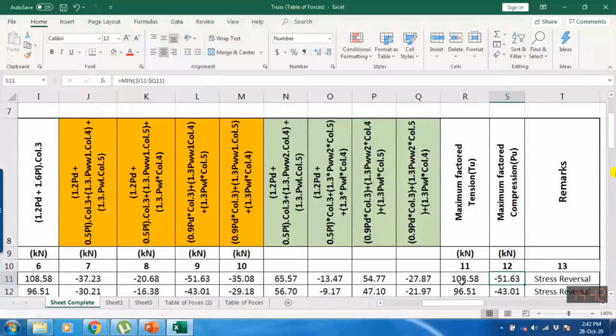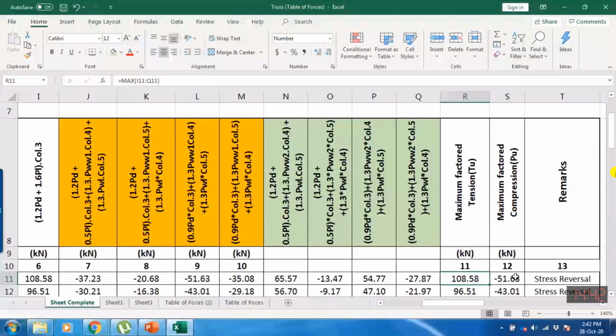It means that maybe when there is no wind load, only tensile forces are acting. But when the wind load is acting on the truss, the same member is subjected to compression. It means that for what force we need to design this member. So we need to design it for tension or compression. That we will discuss.